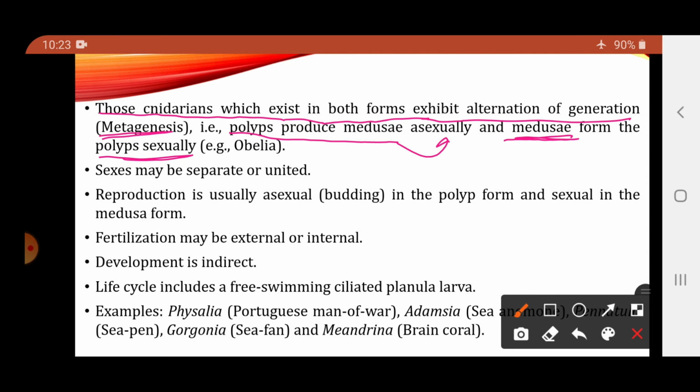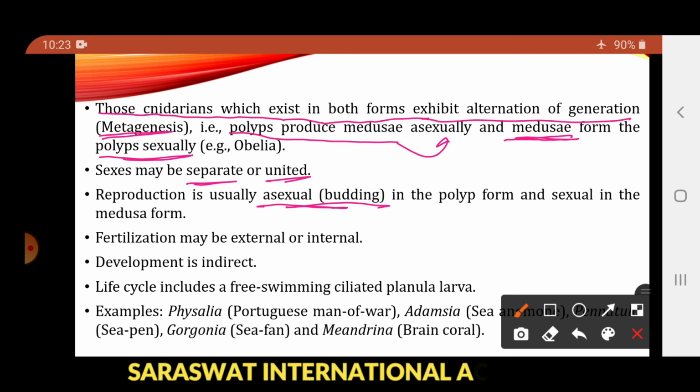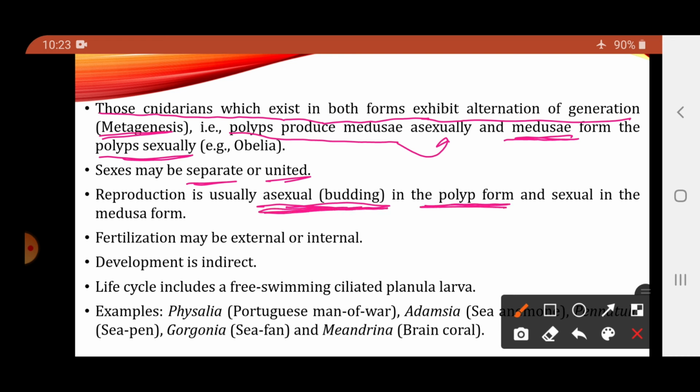metagenesis. Now when we talk about reproduction, sexes may be separate or united, that is they may be unisexual or they may be bisexual. Reproduction is usually asexual, that is by budding in polyp form. So the cnidarians which are in polyp form will always reproduce asexually by budding, and those with medusa form will undergo sexual reproduction.